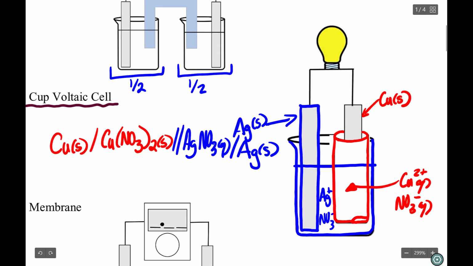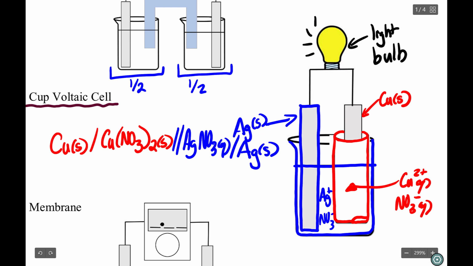They don't come up too often, but definitely you would see them on questions online or in your homework. Now the next thing I want to show you is that I don't have a voltmeter in the middle of my cell. I have a light bulb. A light bulb can be used to tell whether this thing is actually functioning.